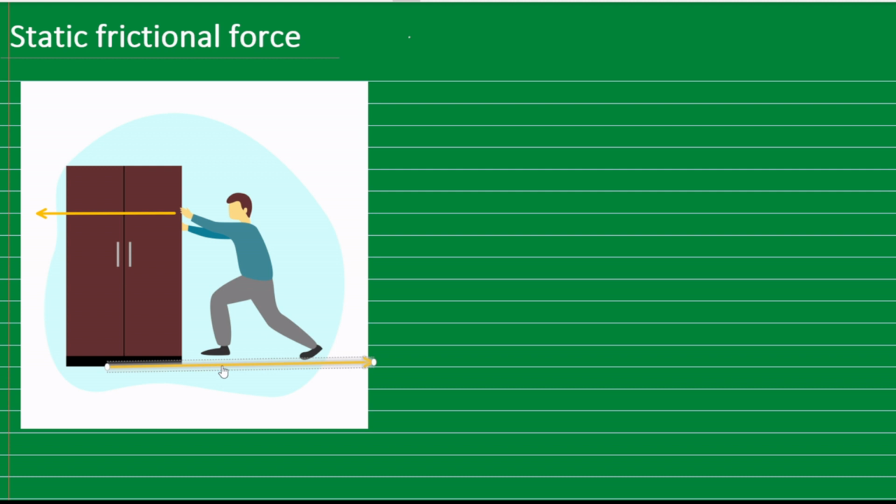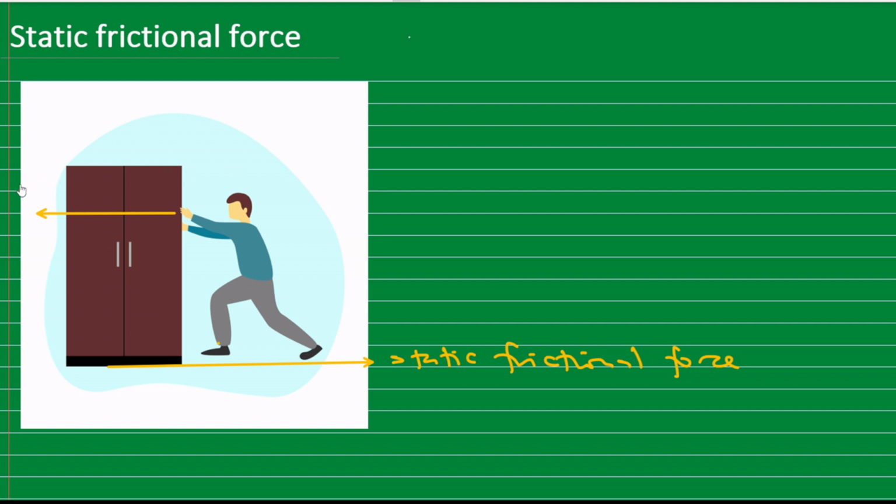So that force that is keeping the object at rest is what we call the static frictional force. So the individual is trying to push the object, but the object is remaining at rest.